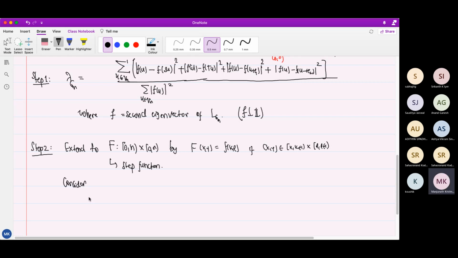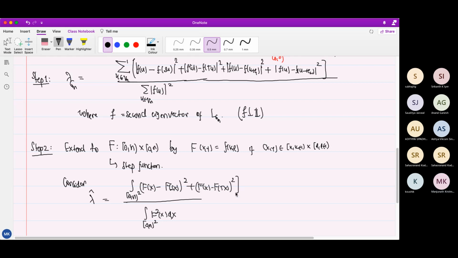Consider, let's call it lambda hat, and I will drop the subscript n. It is something like this, but with everything replaced by integrals: the integral over [0,n] squared of f of x minus f of sx squared plus f of x minus f of tx squared dx, divided by the integral over [0,n] squared of f squared with respect to Lebesgue measure.